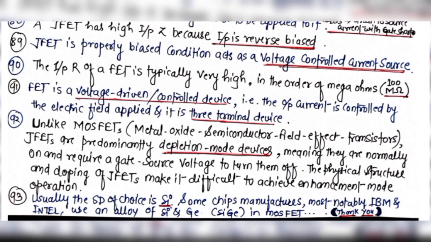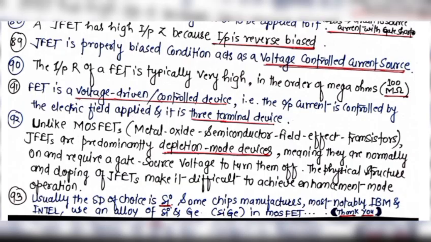Usually, the semiconductor of choice is silicon. Some chip manufacturers, most notably IBM and Intel, use an alloy of silicon and germanium, SiGe, in MOSFETs.